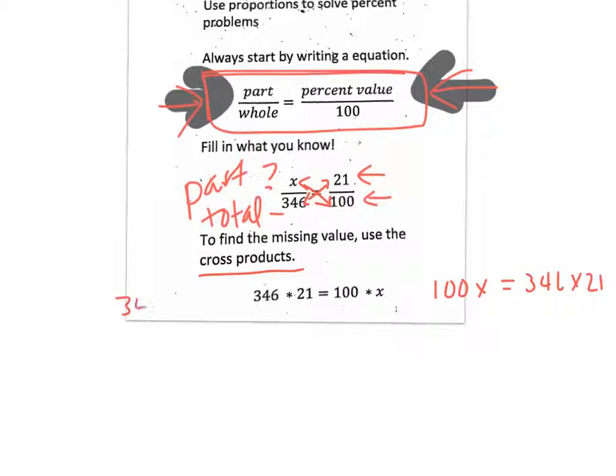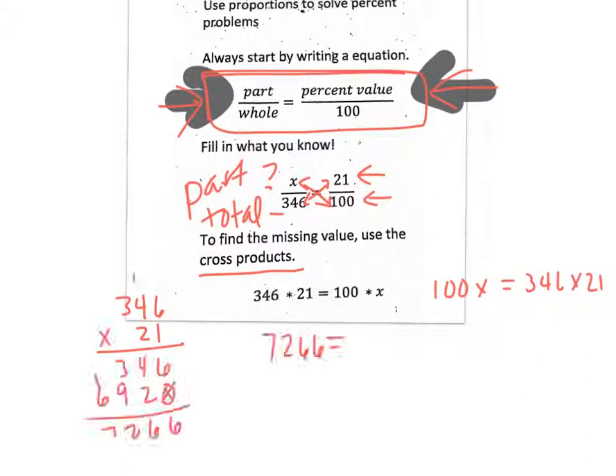We need to do 346 times 21. So through the magic of my program, we have found that it is 7,266. And when we do this side together, we'll learn more about this, but the number goes in front and the blank, the x, whatever we're trying to find, goes in there.